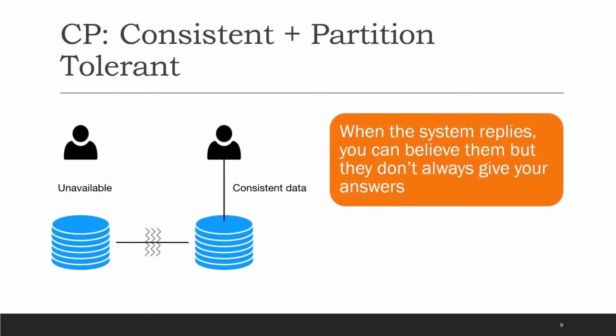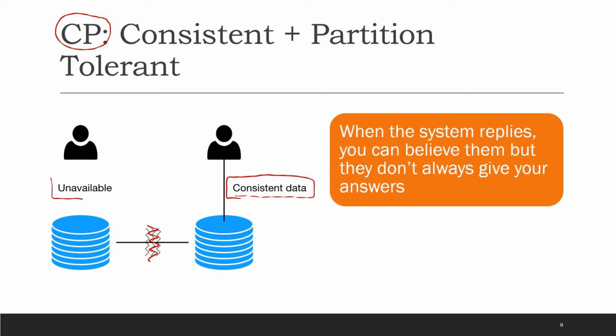Okay, so let's look at each case in detail, meaning that we choose 2 out of 3 here, right? So the first case is we choose CP. We choose to have our system be consistent and partition tolerant, meaning that whenever there exists a partition, we want the system to be highly consistent. But that means whenever you access the data, you can always guarantee that the data returned from the system is a consistent one.